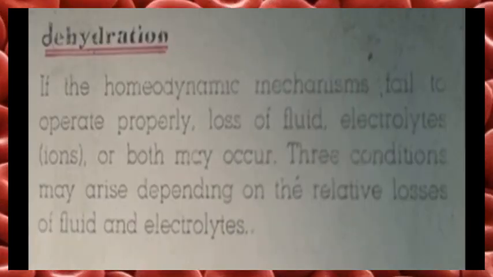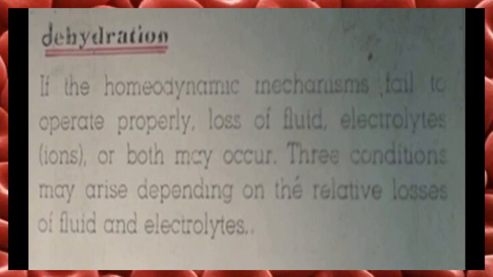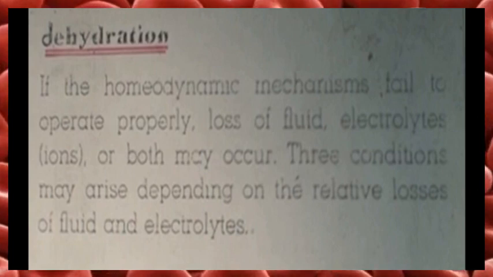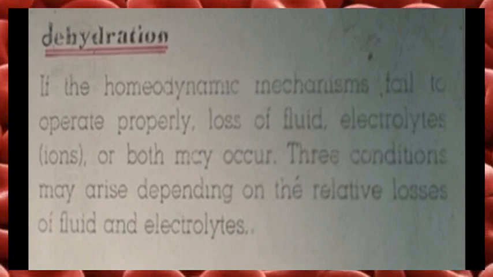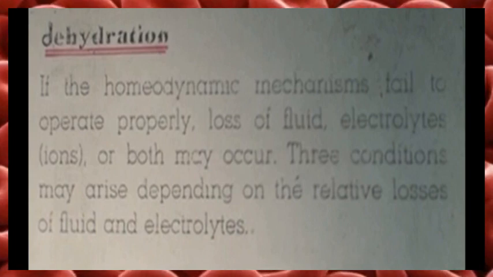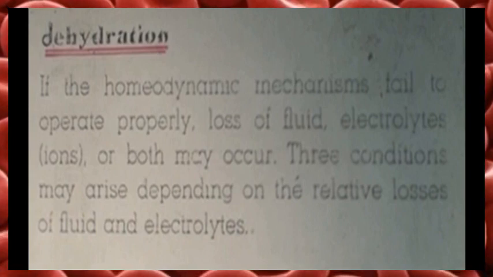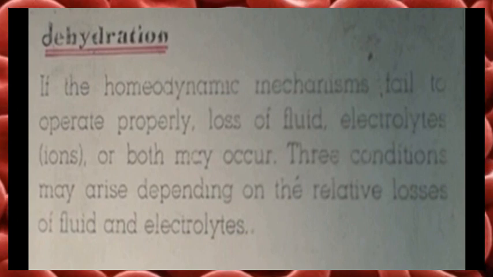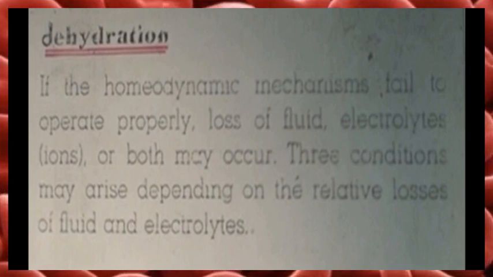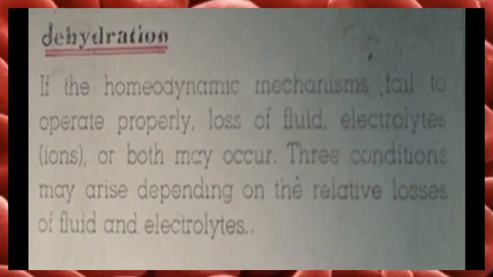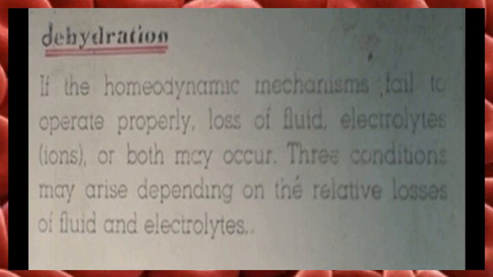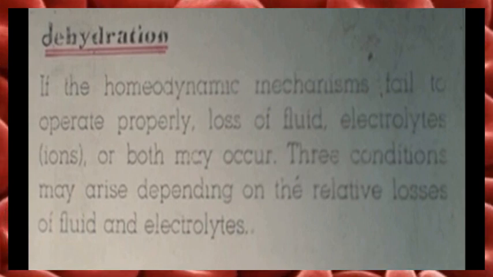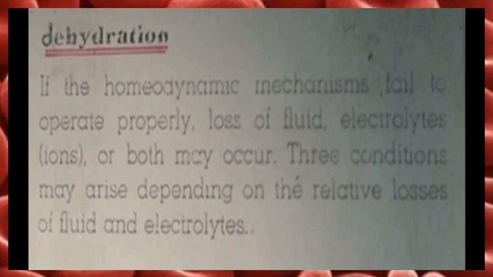Let us have an idea about dehydration. If the hemodynamic mechanism fails to operate properly, loss of fluid or electrolytes or both may occur. Three conditions may arise depending on the relative losses of fluid and electrolytes.